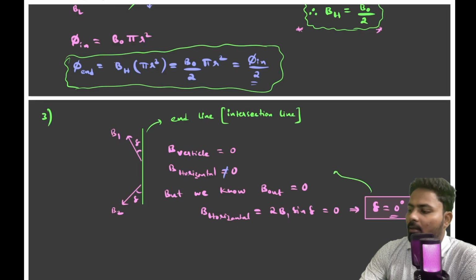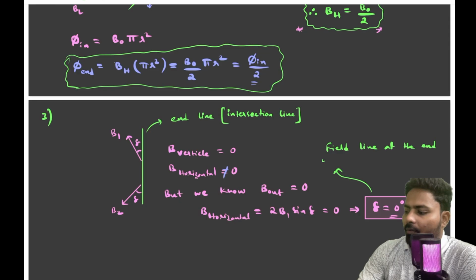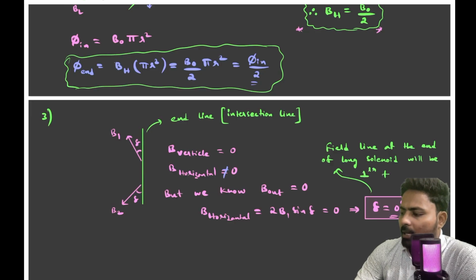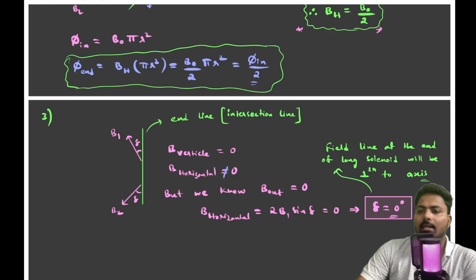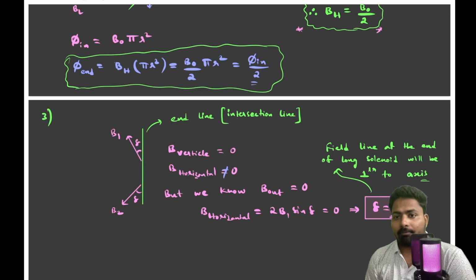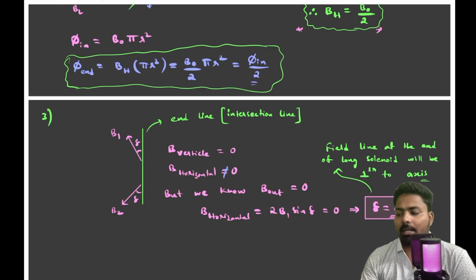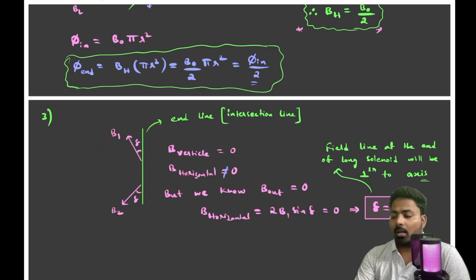This means the field line at the end of a long solenoid will be perpendicular to the axis. So this is also a very insightful result that we have derived, right? By the contradiction method, we have proved it out here.